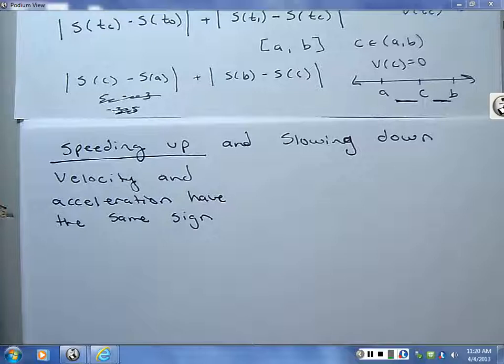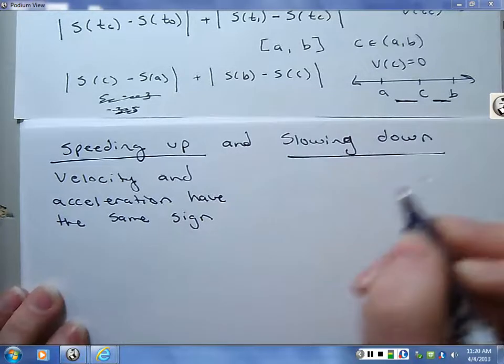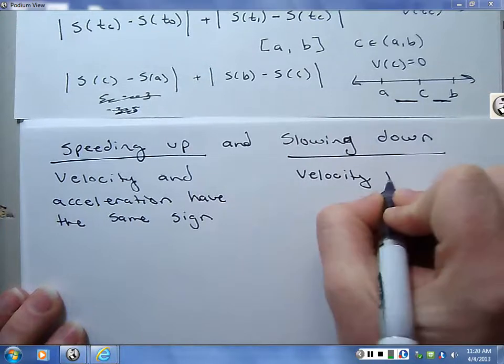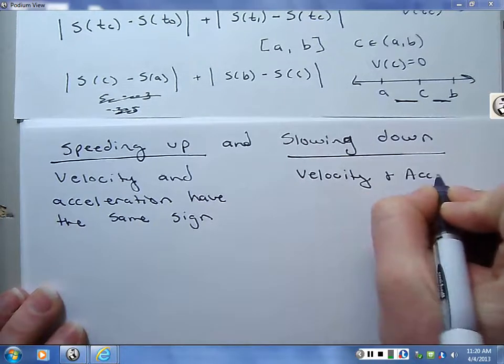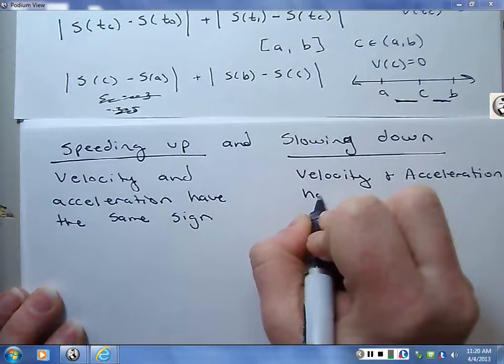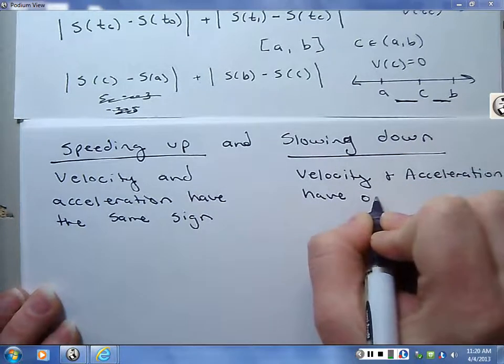When acceleration is negative and velocity is also negative, my particle is also speeding up. Negative, negative, or positive, positive. The particle is slowing down when velocity and acceleration have opposite signs.